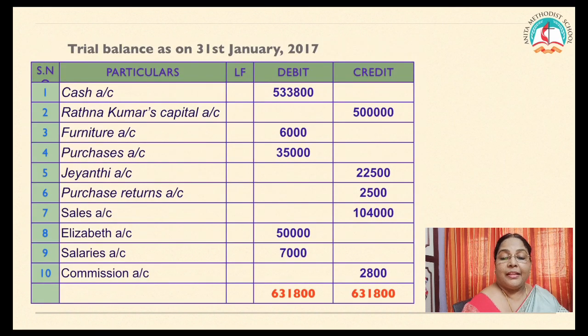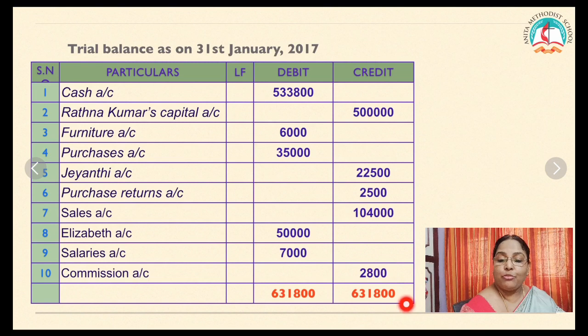Now you know where you had the balances. Whether it is on the debit side or on the credit side, just frame your trial balance and start writing. See, cash account in the debit column, Ratna Kumar's capital account in the credit column. Likewise, you write for all the other accounts, then total your debit column and the credit column.